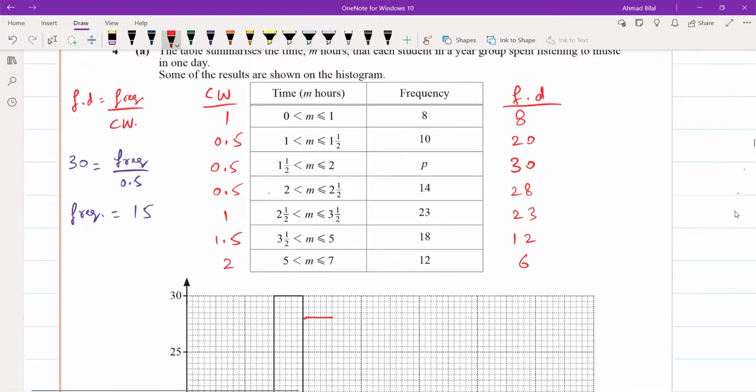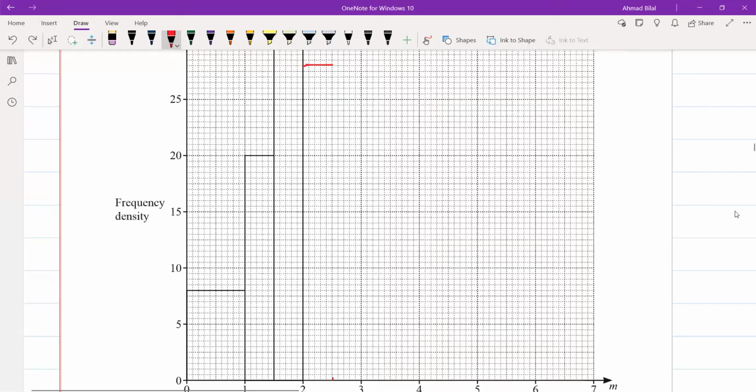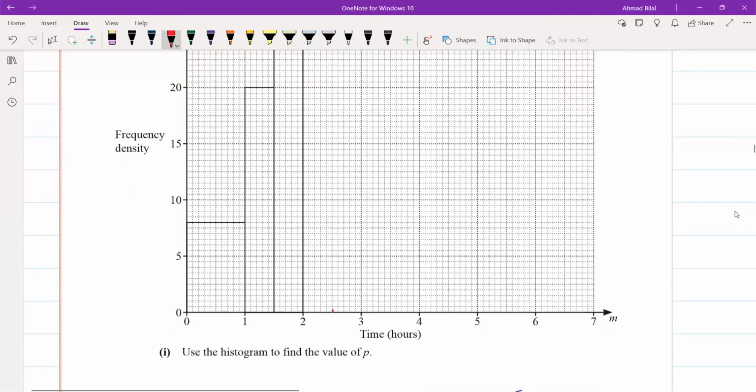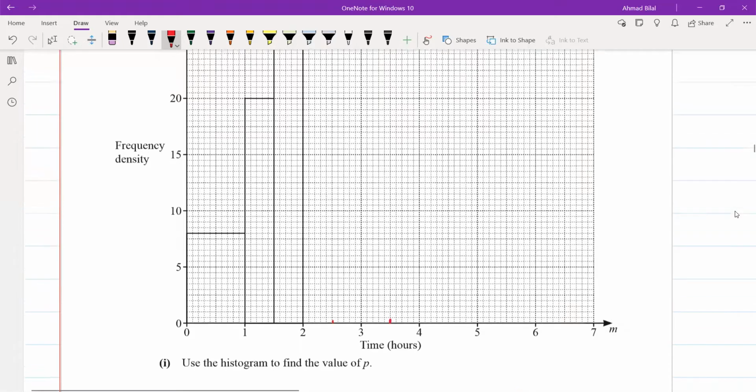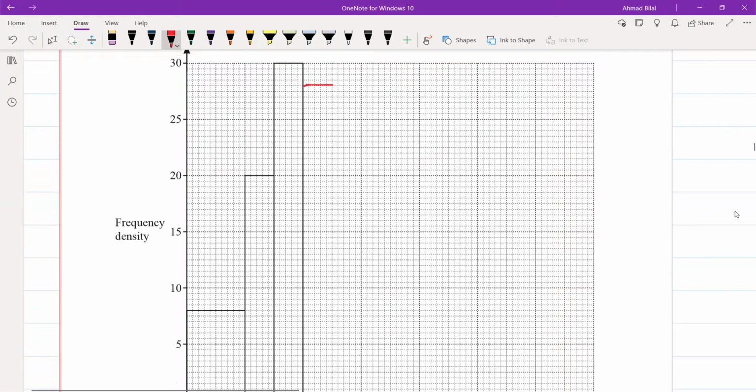तो उसके बाद क्या है? उसके बाद we have 23 from 2.5 to 3.5. 2.5 से लेकर 3.5 तक 23 हाइट होनी चाहिए. So that's going to be right here. यहाँ पे ये बार बन जाएगी, ठीक है? Okay.